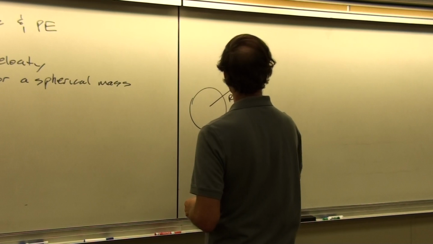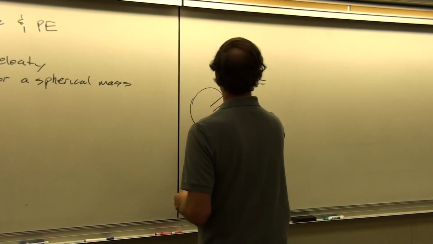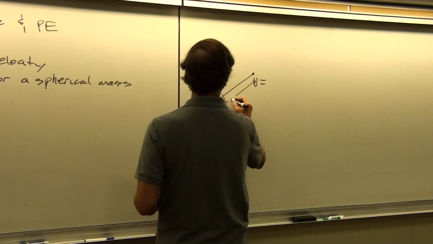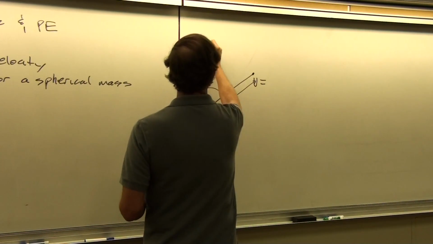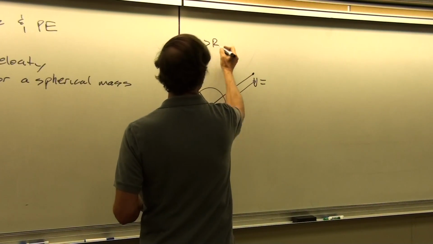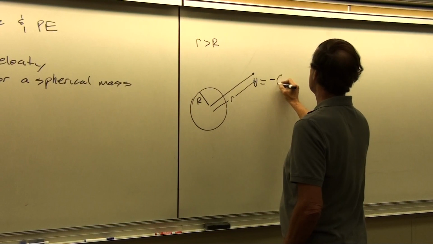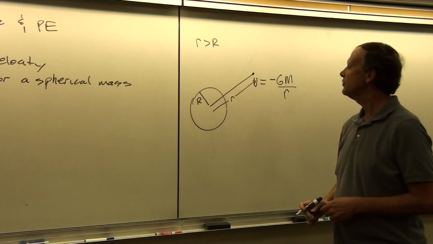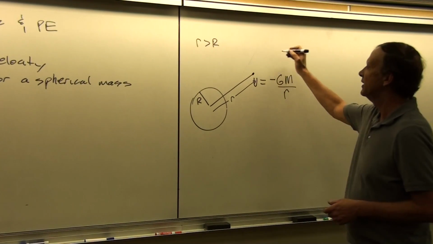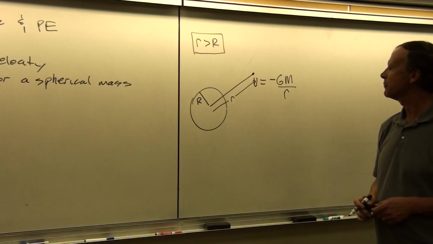Potential energy at this point, a distance r away, let's call this little r, and this big R will be the radius of the planet. For r greater than big R, U is equal to minus G times the mass of the planet divided by r. And here r is greater than the radius of the planet.